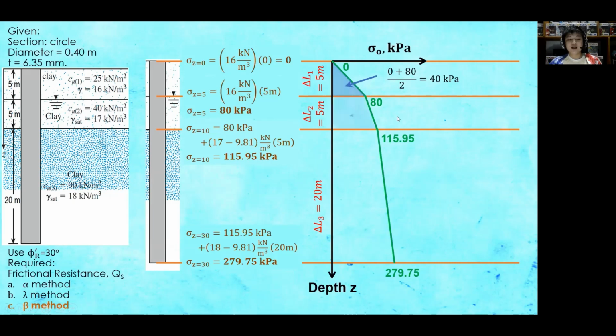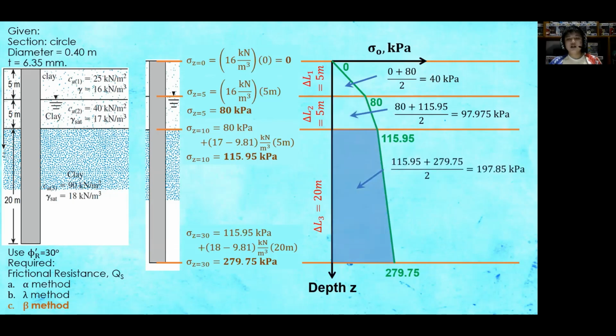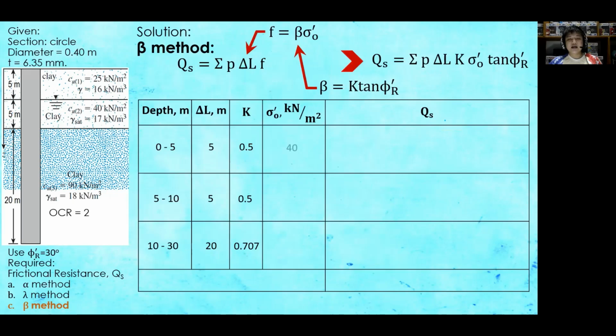For the second segment, the average of 80 and 115.95 kilopascals is 97.975 kilopascals. And for the last segment, the average of 115.95 and 279.75 is 197.85 kilopascals. Take note and assign.